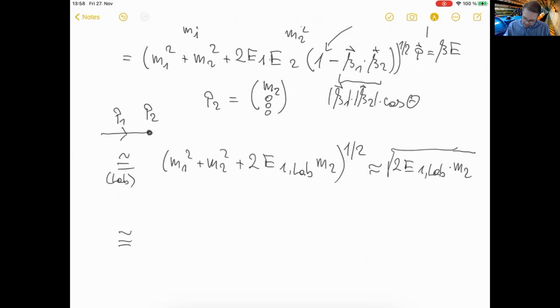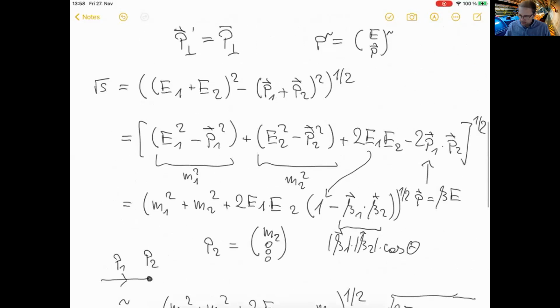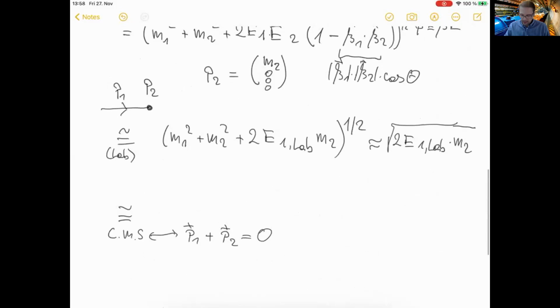If we compute this in the center of mass system of two particles colliding, how is it defined? The center of mass system is defined by P1 plus P2 equals 0, which can immediately be used to simplify the equation, because if this term is 0, only the first term survives and becomes E1 plus E2.